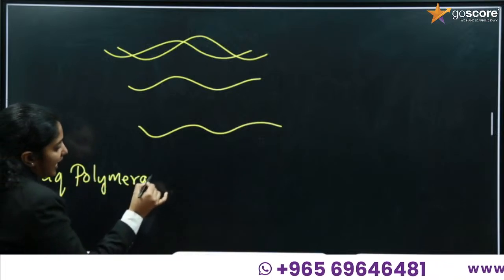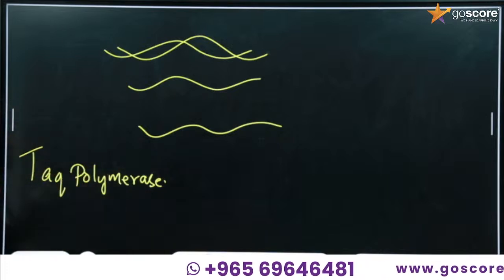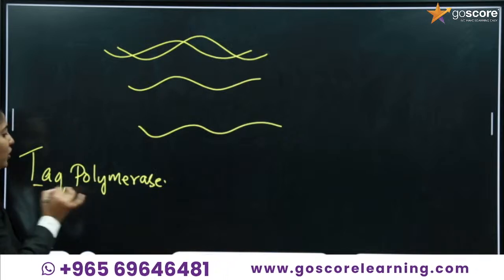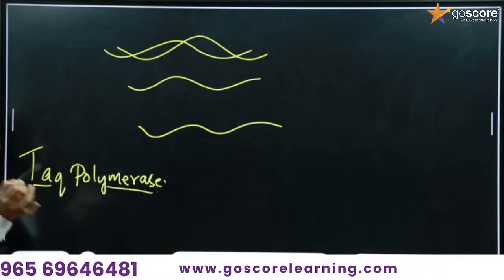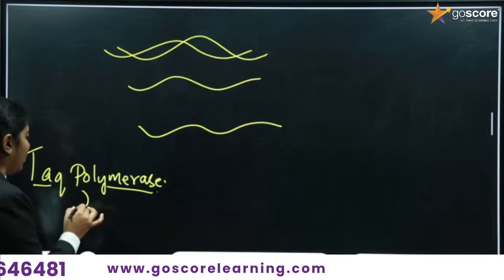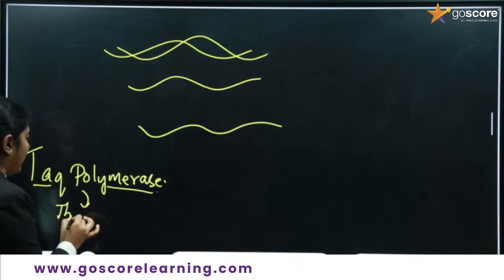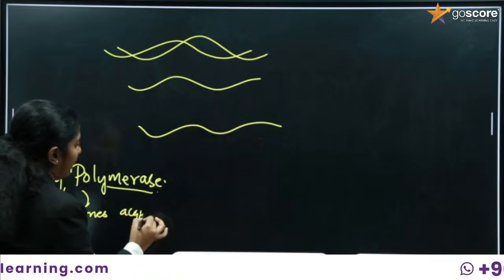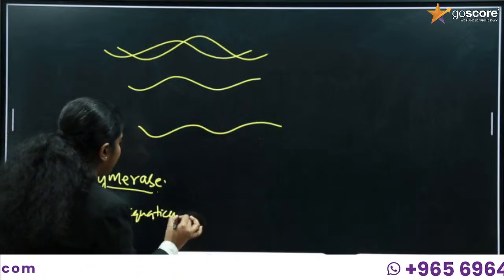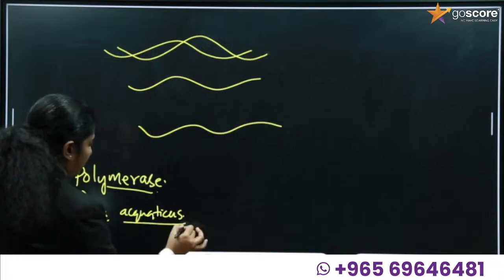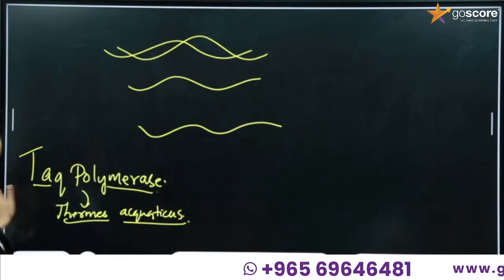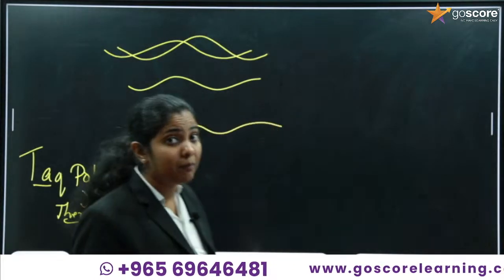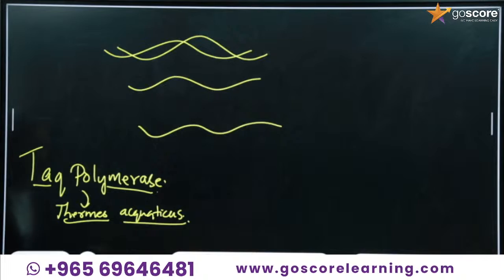What is Taq polymerase? It is the enzyme used for the addition of nucleotides. My dear students, this Taq polymerase is the enzyme isolated from a bacterium called Thermus aquaticus. The speciality of this bacterium is that it can withstand very high temperatures, above 190 degrees Celsius.